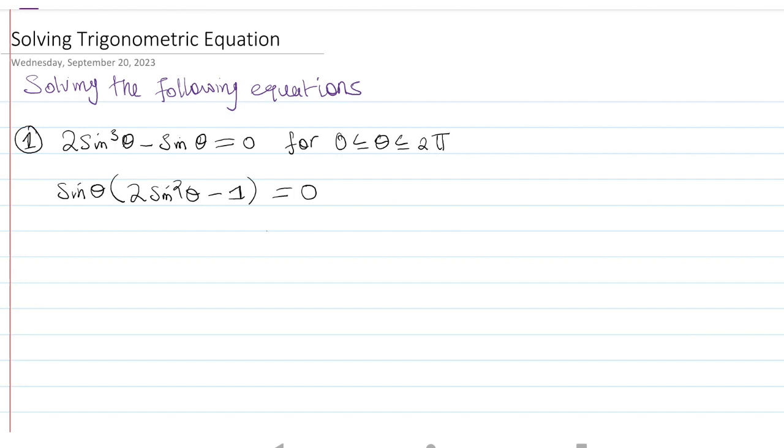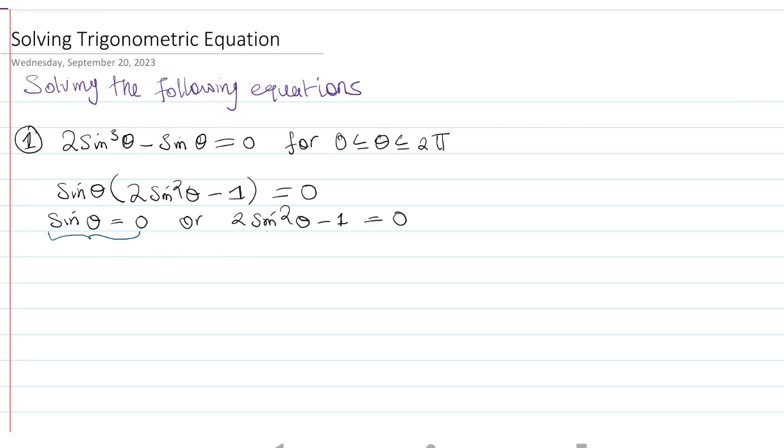Okay. Now, using the zero product principle, this is sine theta is equal to 0, or 2 sine squared theta minus 1 is equal to 0. Now, we can focus first on the first one. We said sine theta is equal to 0.